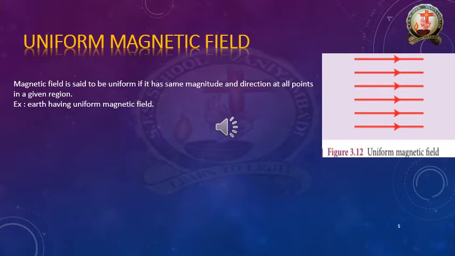First line to second line, the gap is the same. Second line to third line, the gap is the same. So in between the lines the gap is the same, and the size of all the lines is also the same. Remember, the direction of all the magnetic field lines is the same.